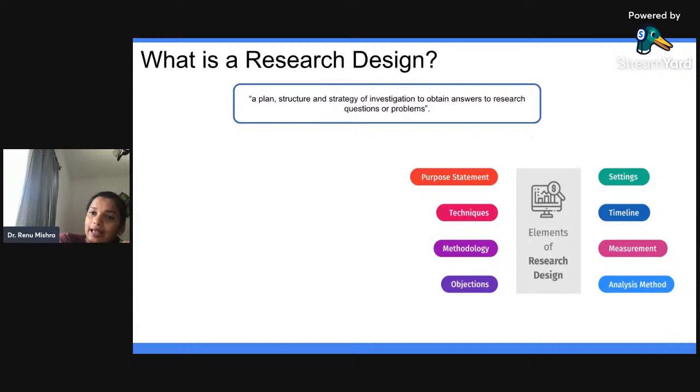With that gap, you are beginning your research. Agreed? Every research begins with a gap. You may name it a problem also. Some aspect which remains unfulfilled or unanswered in the literature becomes the mother of your research. And the plan which allows you to answer or fill that gap is your research design.